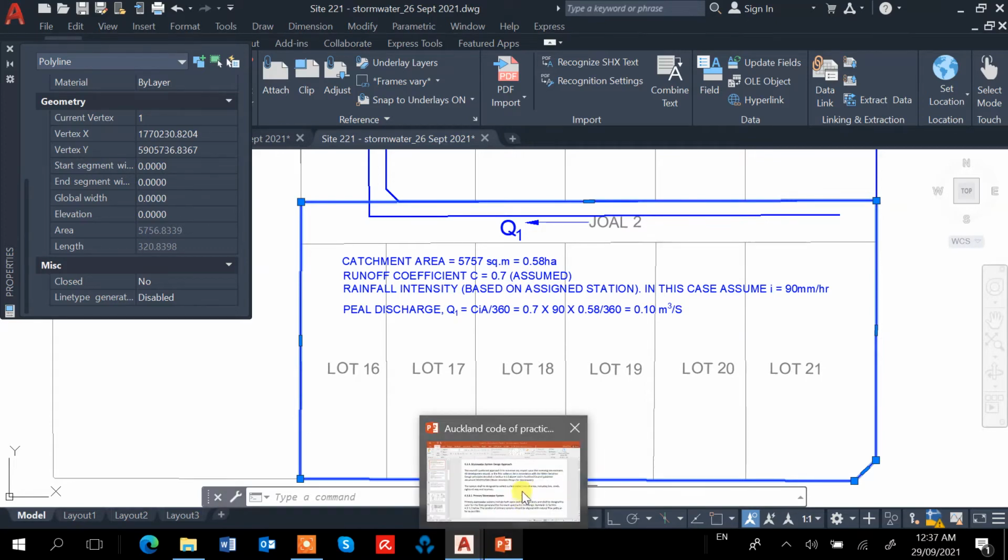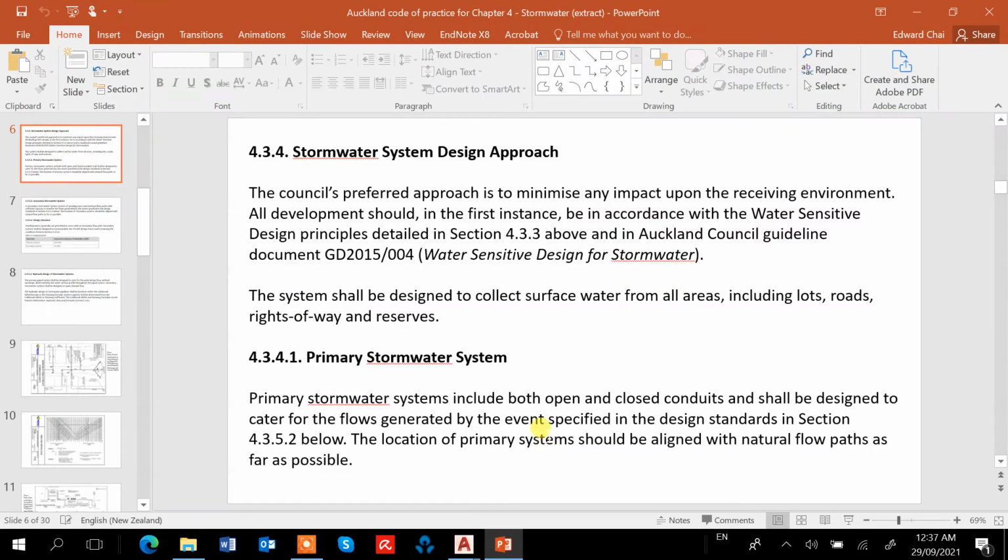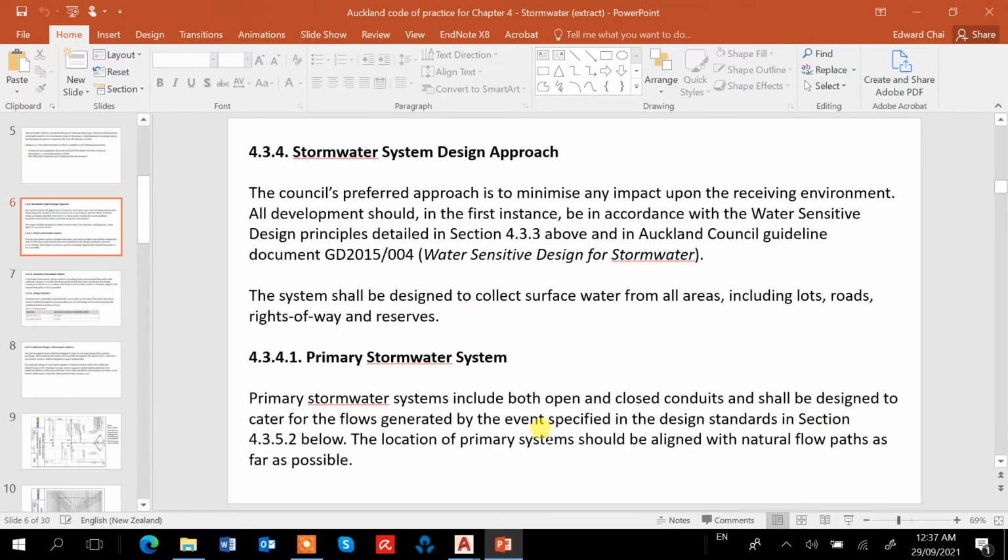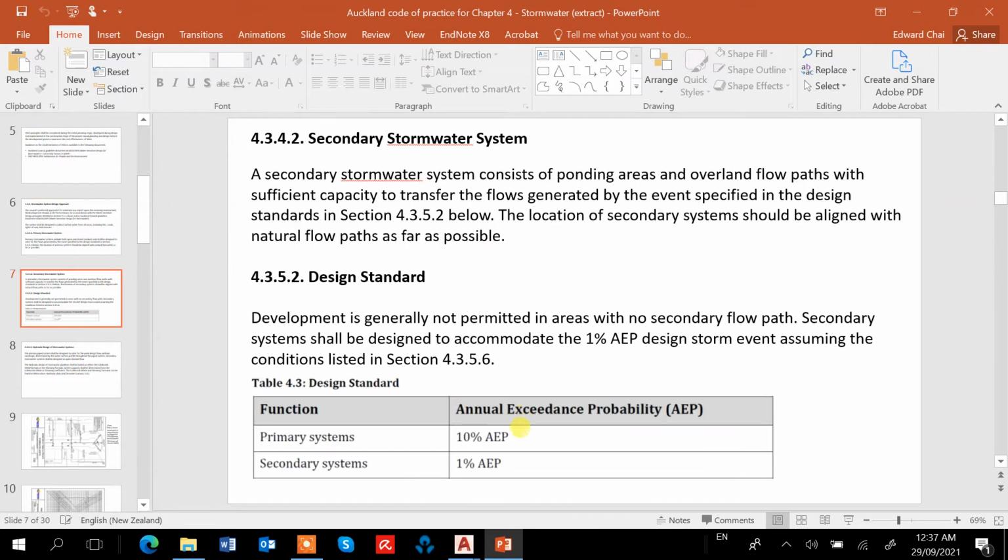The design period we're going to use is actually quite low. For the primary stormwater system, we're going to design for 10% AEP. That means 10 divided by 100, so 10% AEP is 1 in 10 years.